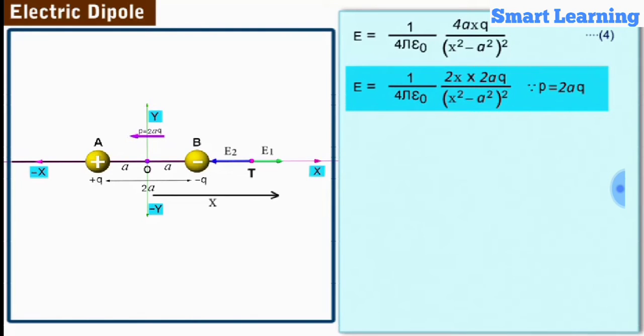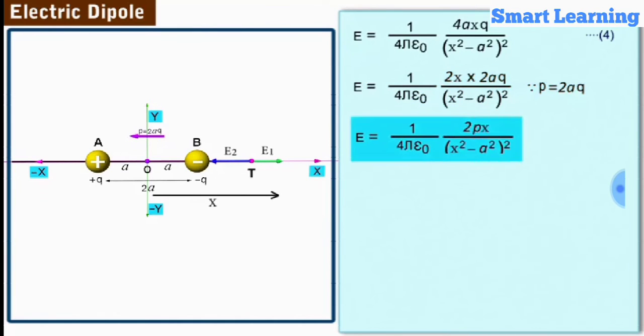Please note that in this equation, 2aq is the magnitude of the dipole moment P. Therefore, E is equal to 1 by 4 pi epsilon naught into 2px by (x square minus a square) whole square. Let us label this as equation 5.